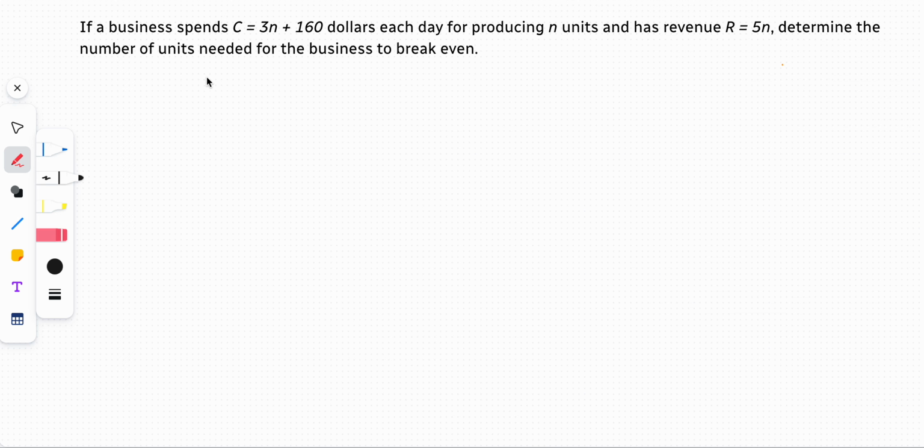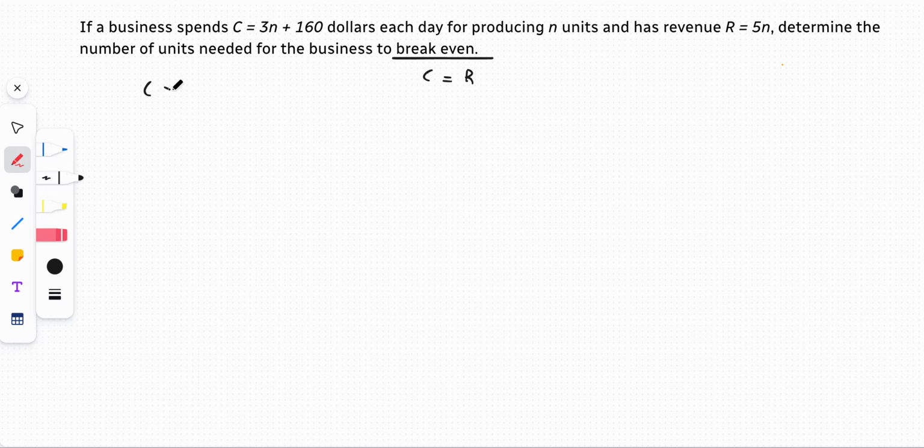even. Alright, so break even is essentially when our cost, what we spent, is equal to our revenue. So this means that we are breaking even and we have no debt whatsoever in relation to our revenue and cost, okay?